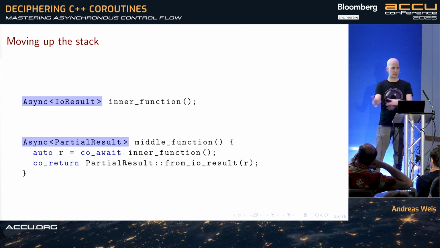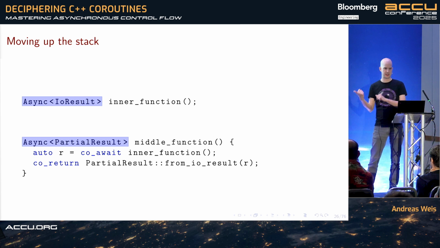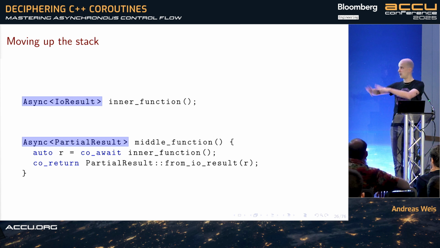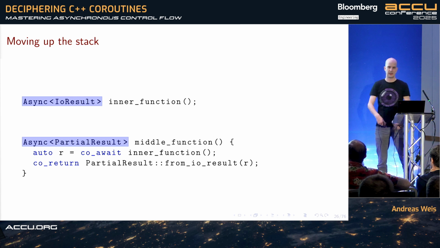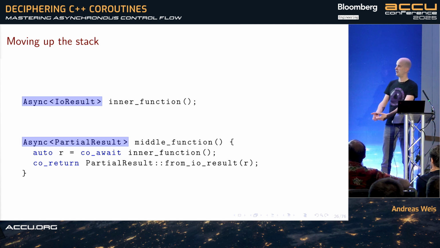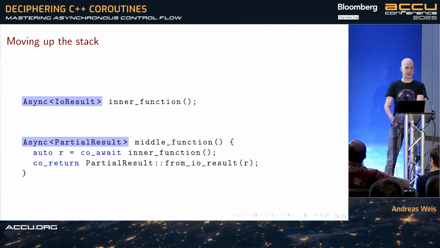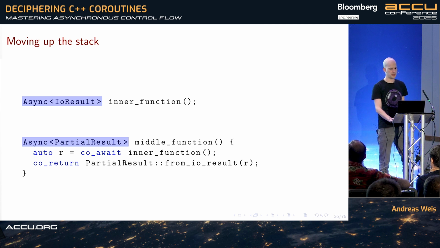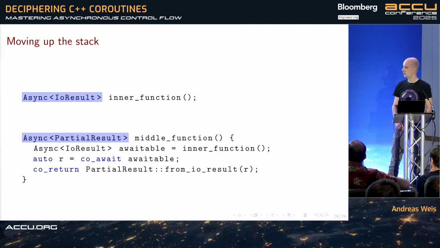And if you're using async/await in other languages, that's exactly what you do. You mark all of your functions as async, and if you call an async function further down, you have to do that through the await operator. So that shouldn't be very surprising.